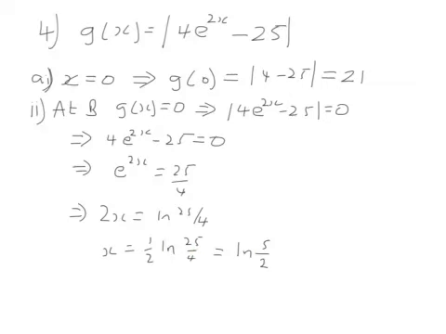So let's put in x is minus 1000. So it's the mod of 4e to the minus 2000 minus 25. Now e to the minus 2000 is so small as to be negligible, so this is approximately equal to the mod of minus 25, which is 25. So k must be equal to 25.